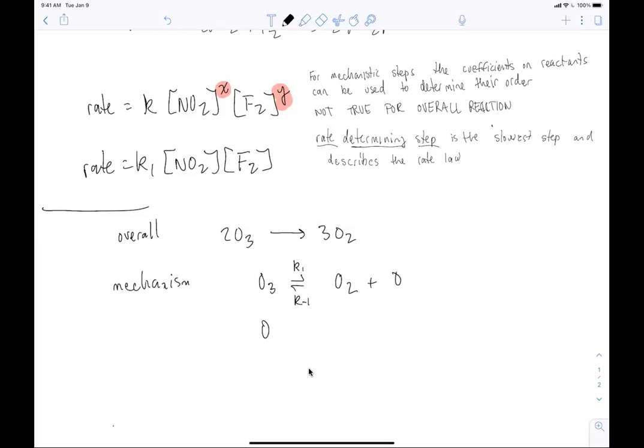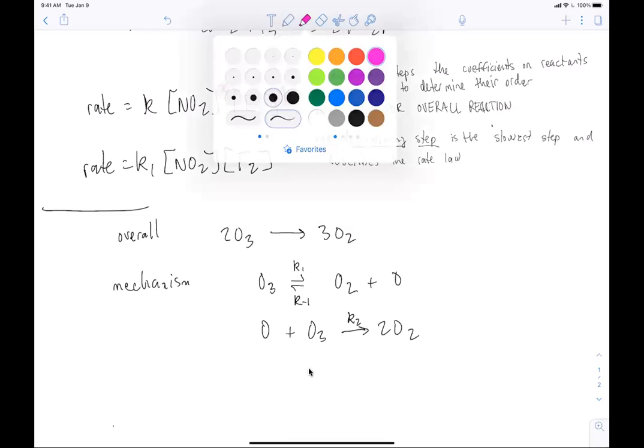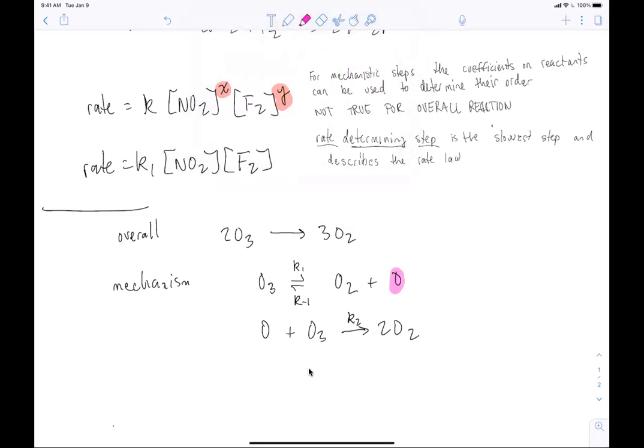Monatomic oxygen, I guess you could call it. And then in step two, we end up forming O2. So this is an intermediate. And then this is our reactant and this is our product. You can kind of do it in your head that this adds up to be the overall reaction here.